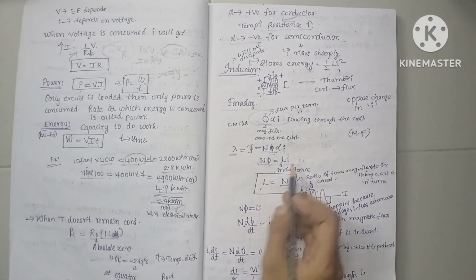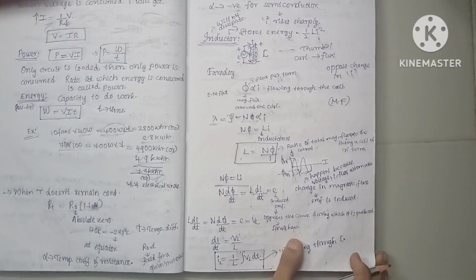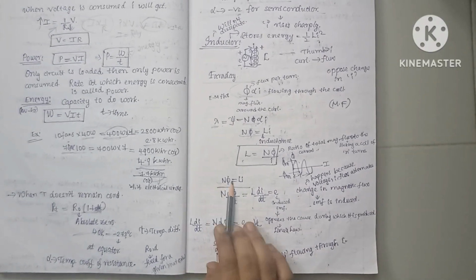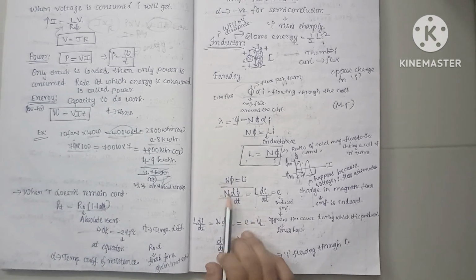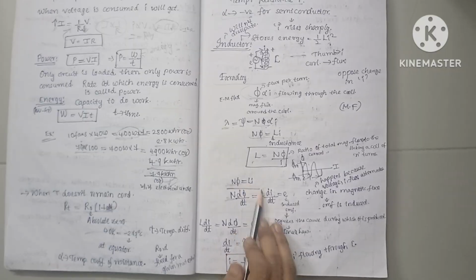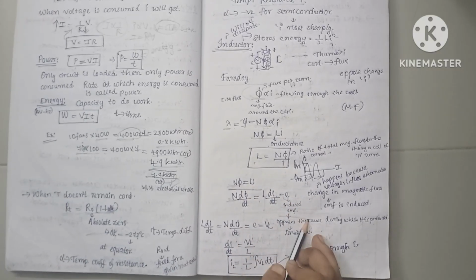Since you know that N phi is equal to L i, and as we are all familiar with differentiation, since N is constant, N will come out, and N into d phi by dt is equal to L into di by dt. This is nothing but E, the induced EMF.